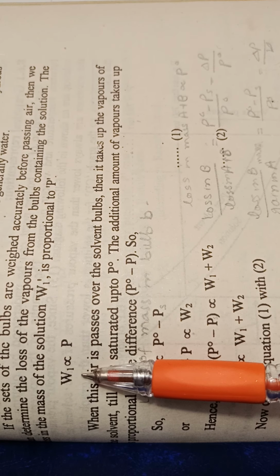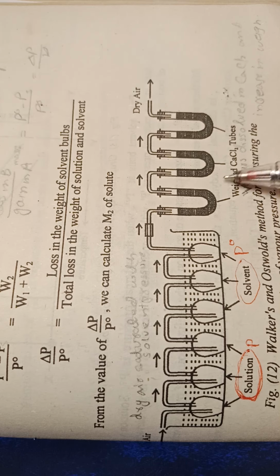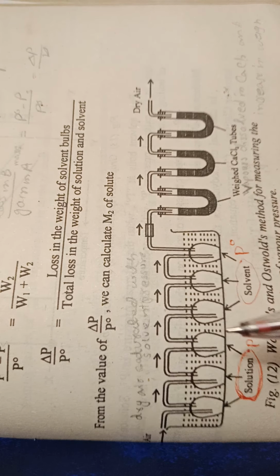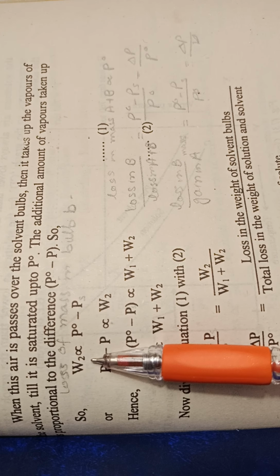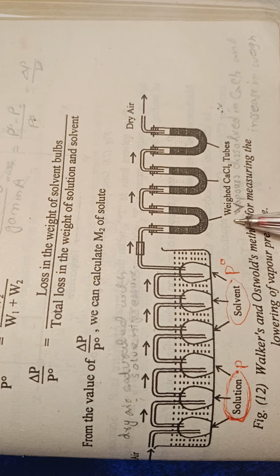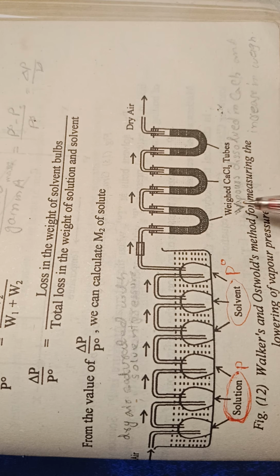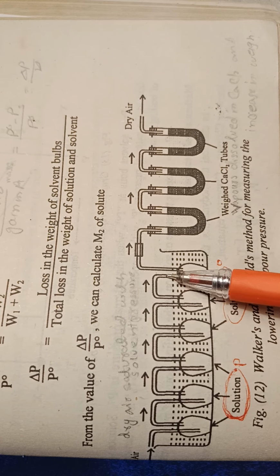Here W1 is the increase in weight of the anhydrous calcium chloride which has absorbed vapors from the dry air coming from the solution only. For the second case we have W2, the weight gain of the calcium chloride which has absorbed the vapors from the air passed through the solution as well as solvent bulbs.